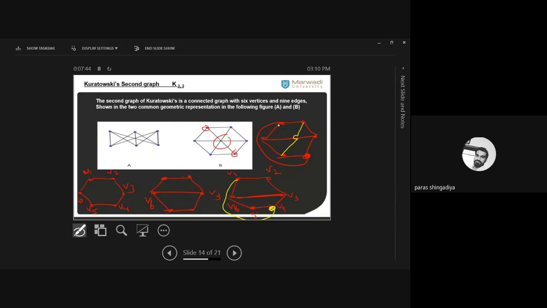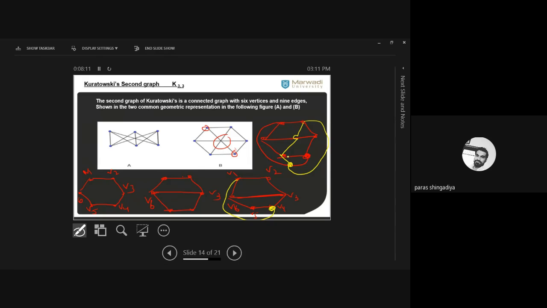And if we connect it to the outside, let's say, it will cross the outside edge. Clear? So it is not possible in any way to connect it without crossover. Therefore K3,3 cannot be embedded on the plane. Means embedding is not possible in the K3,3 graph, and therefore K3,3 is a non-planar graph.